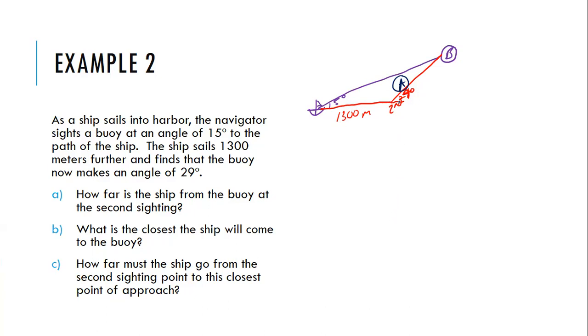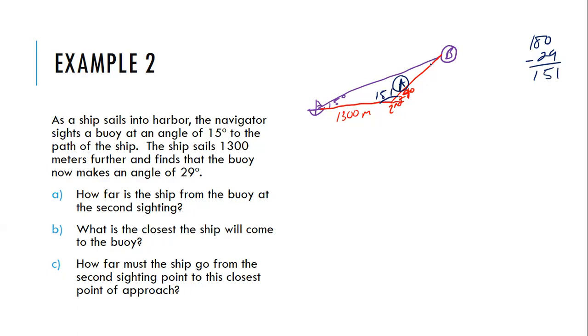The reason why the 29 degrees is important is because it's telling you that this angle is 29. So what does this angle inside of this triangle have to be? 180 minus 29 is going to give us 151. So we know this angle is 151.